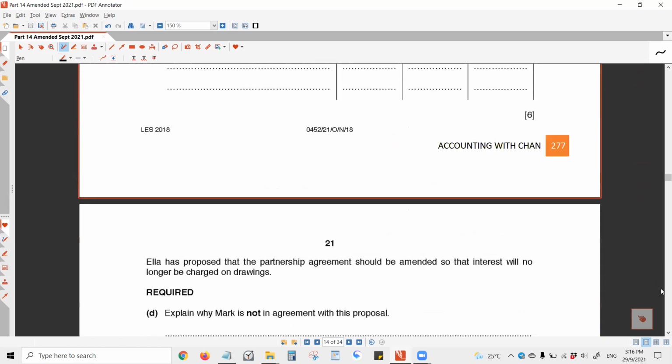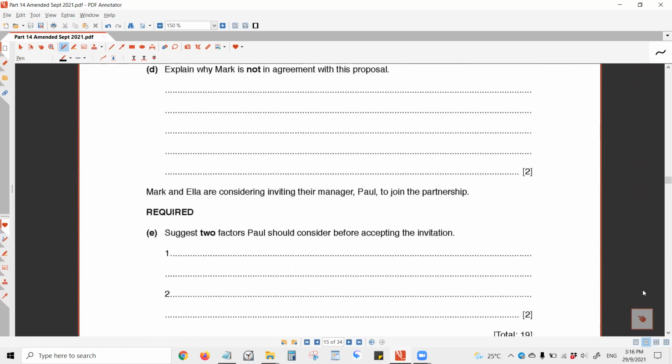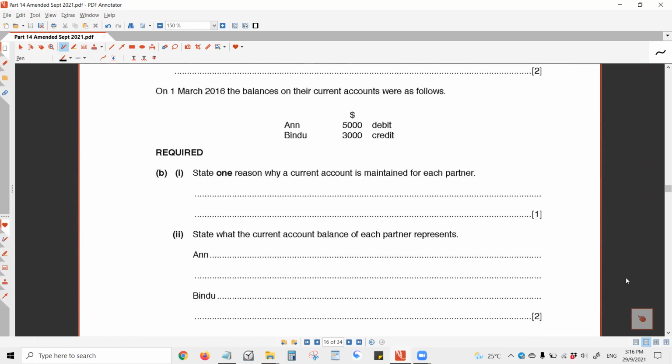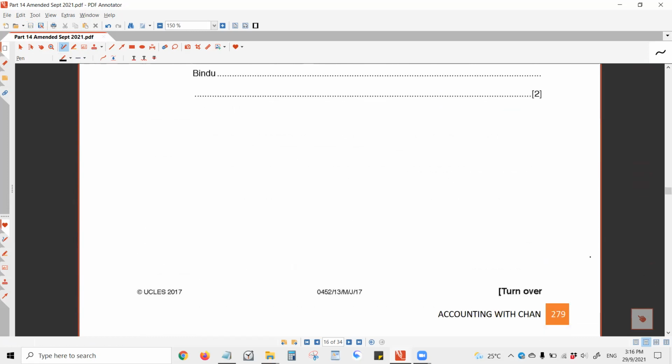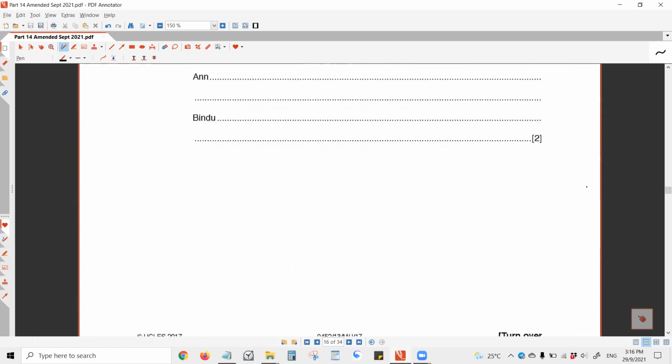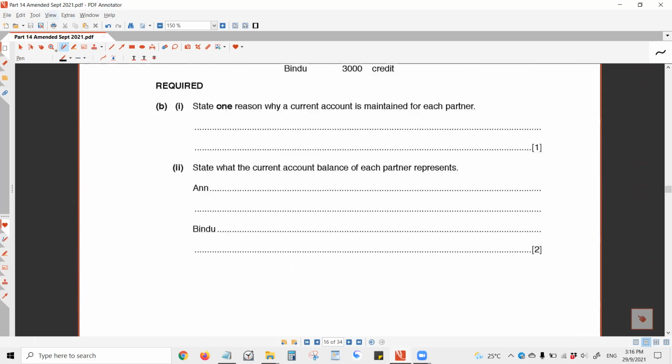And then you look at page number 279. Question B1. Same question again. State one reason why a current account is maintained for each partner.